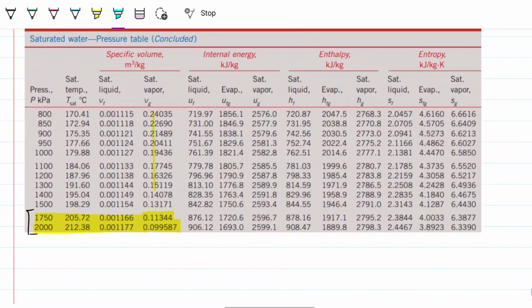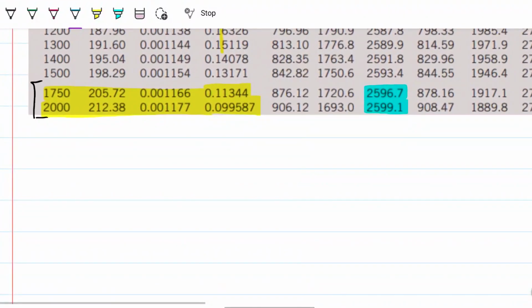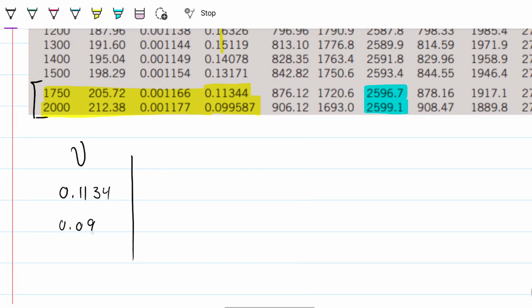This also means that my internal energy, because it's a saturated vapor, is between 2596 and 2599. So what we need to do here is a quick interpolation. We know the specific volume has to be between 0.1134 and 0.099587, and the one we're looking for is 0.1.